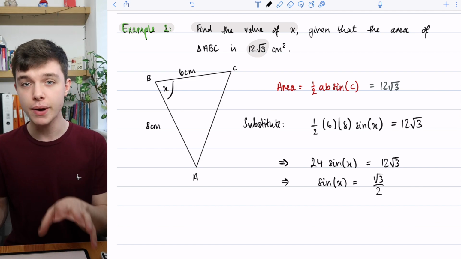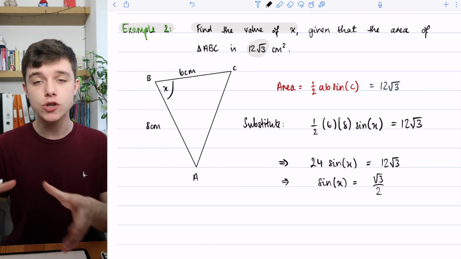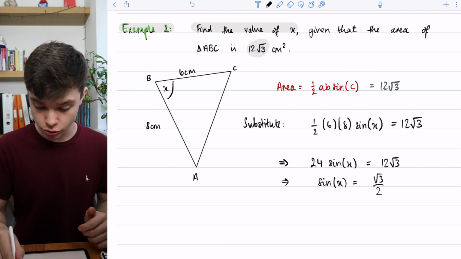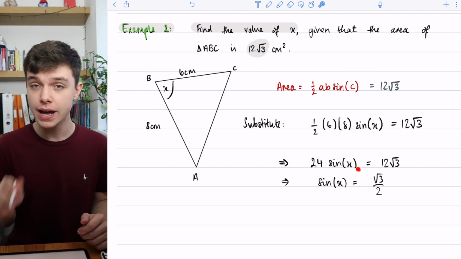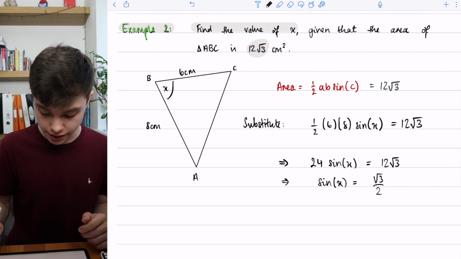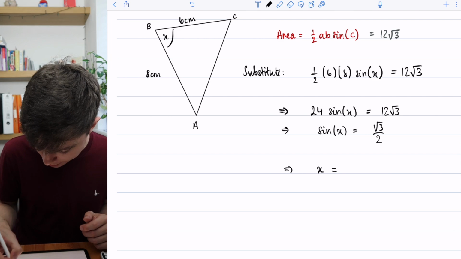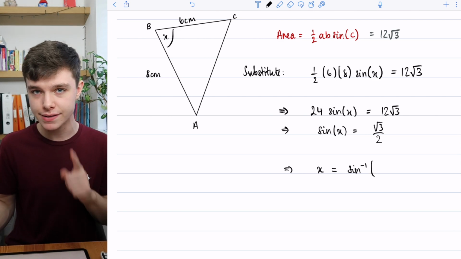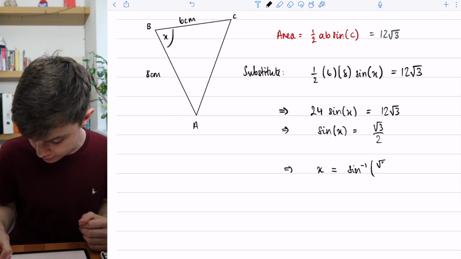So then all we need to do is we just need to take the inverse sine of both sides. We want x on its own. At the minute, we've got sine x. So just like we divided by 24 to get sine x on its own, now we want x on its own, so we're going to take the inverse sine of both sides. And hopefully you remember that from trigonometry. So sine to the -1 is how we write it, but we don't say it like that. It's not a power, it's just the notation for inverse.